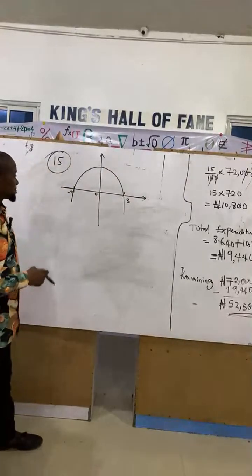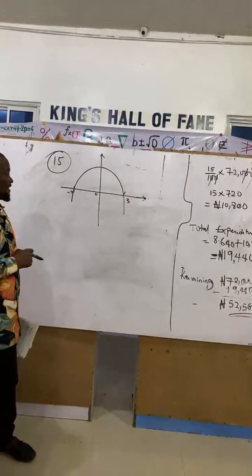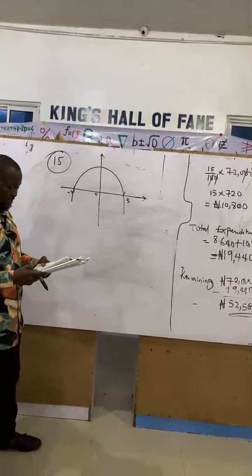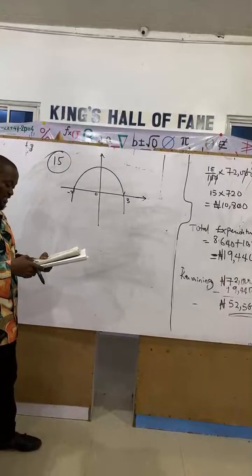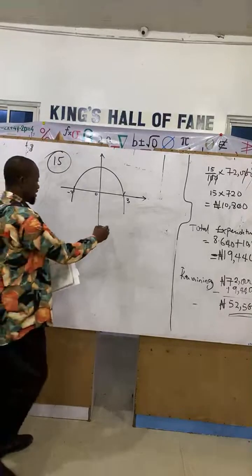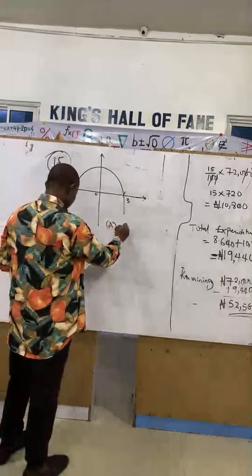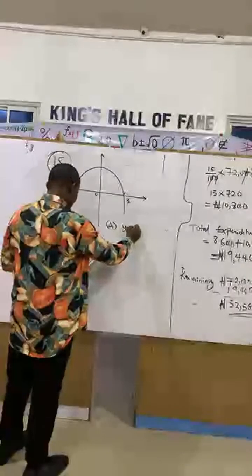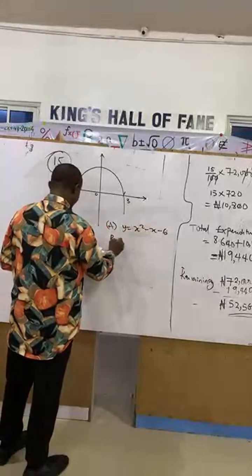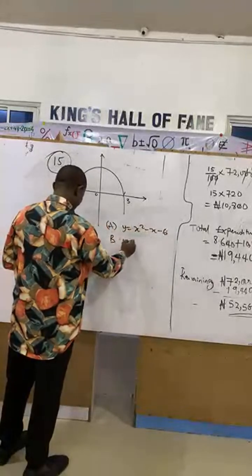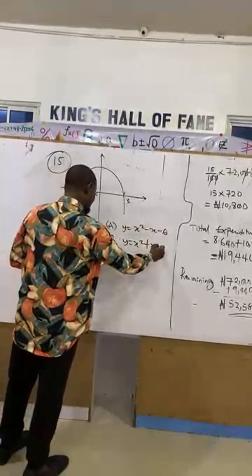So that is the graph. And they ask, which of the following functions represents the curve? They gave you options. Option A, y equals x squared minus x minus 6. Option B, y equals x squared plus x.